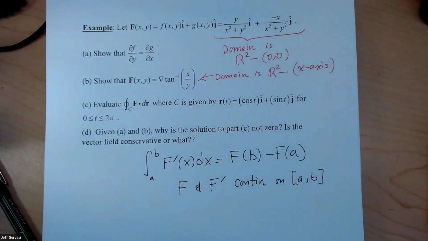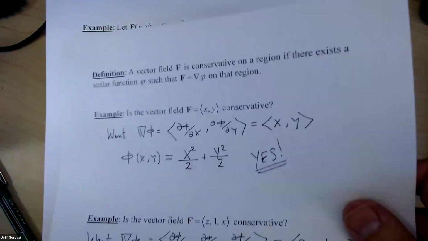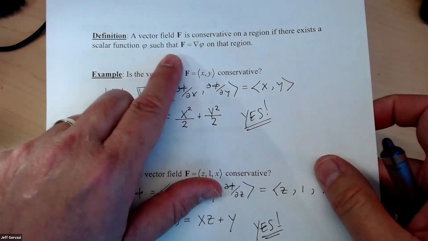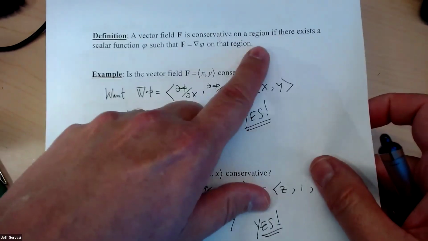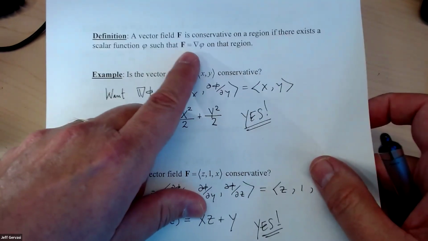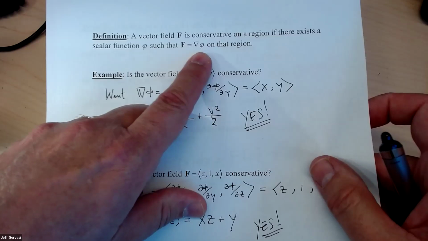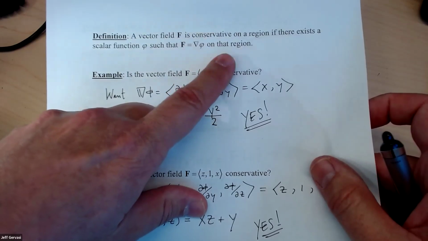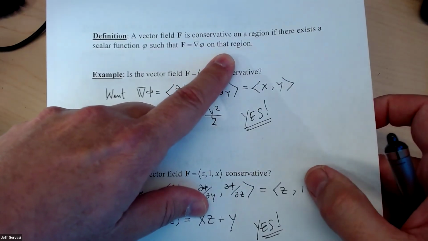Why is that? Because you might be asking yourself, well, isn't the vector field conservative anyway? According to the definition, isn't it true that a vector field f is conservative on a region if there exists a scalar function phi such that f is equal to the gradient of that scalar function on that region? We have to be a little careful though.